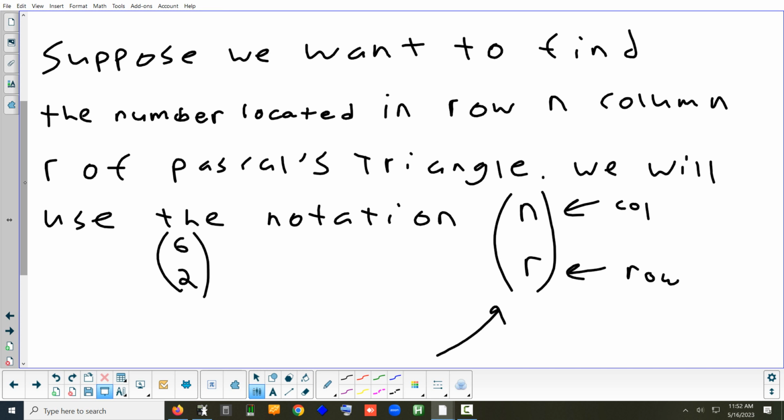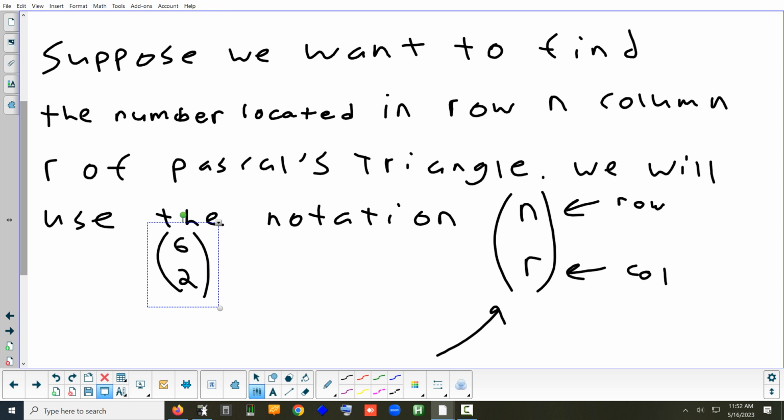Yeah, let me fix that. You're right, I did switch them. Thank you, that's important. I was going to say, how can you say 4 choose 5? You can't choose more than you have. So row is on the top, column is on the bottom. Sorry about that.